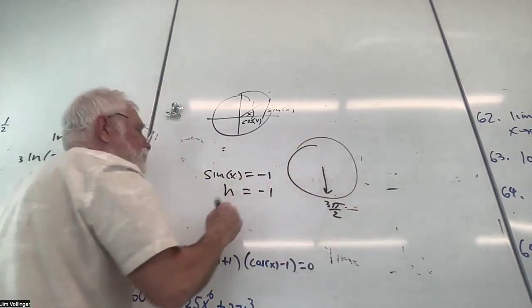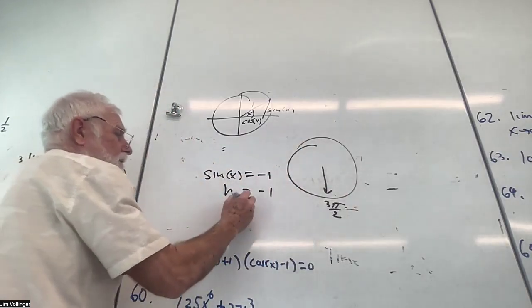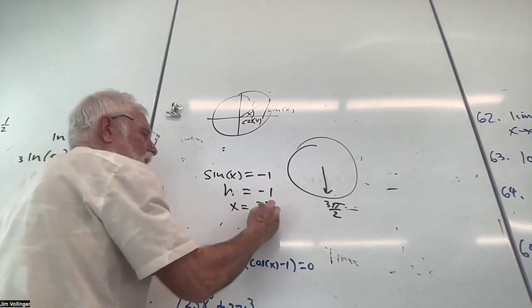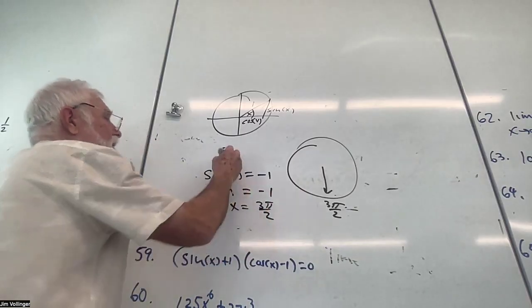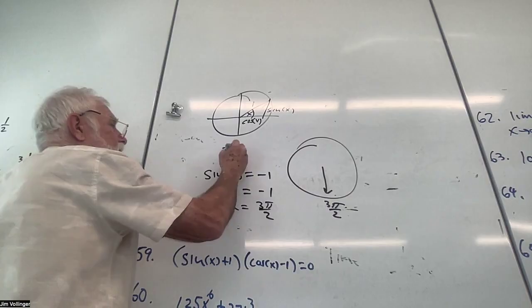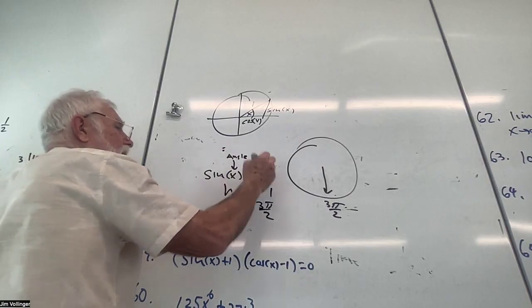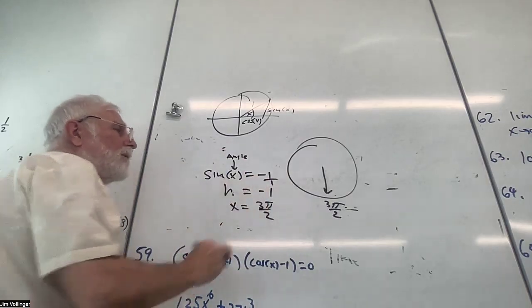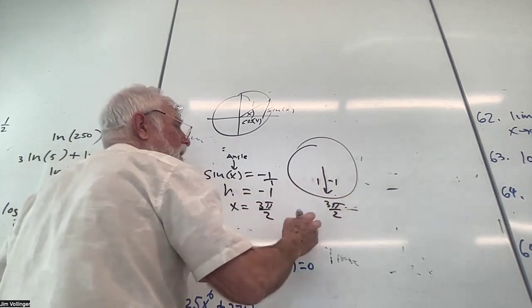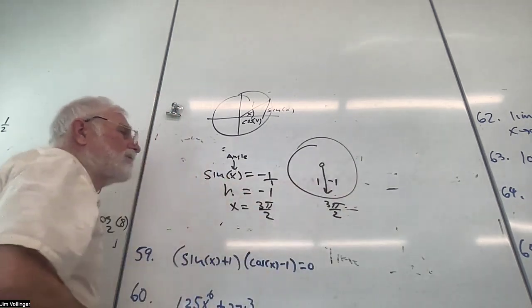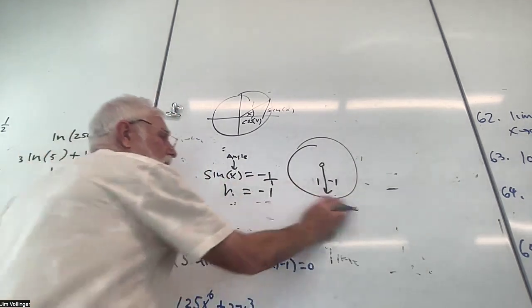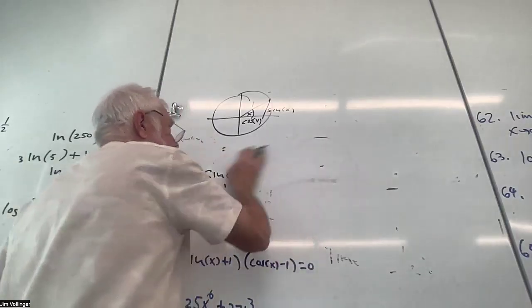So that's that answer. X equals 3 pi over 2. What is 3 pi over 2? An angle. And if I put that angle in, I get this ratio, negative 1 to 1. The height's negative 1, the hypotenuse, the width is 0. It can't really draw the triangle. All right, so that's that one.